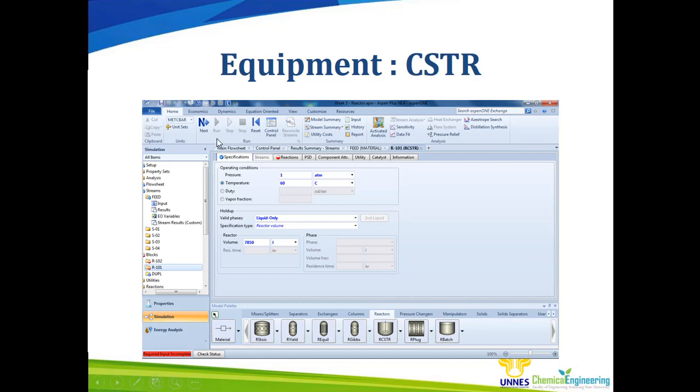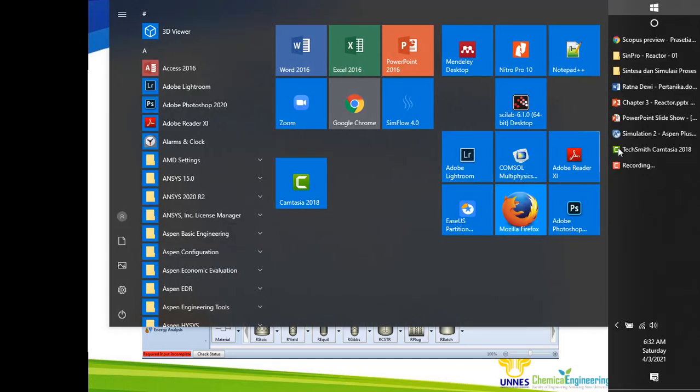Remember, in the CSTR, only a liquid phase can react inside the equipment. With vapor only, it is almost impossible to react inside the CSTR. So you have to specify liquid only and the volume of 7,850.